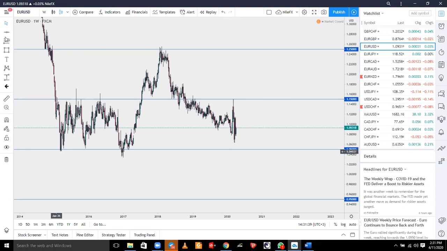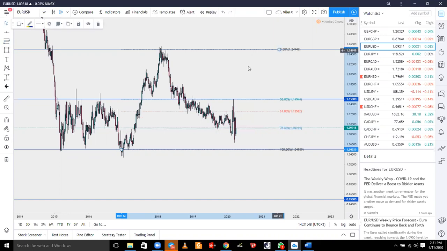Now, this is where you first start by dropping your Fibonacci from this low to that high to understand what's happening. So you basically can see that you don't really have any technical reasons, and even the Fibonacci levels are still way high. You have nothing in support of whatever is happening.